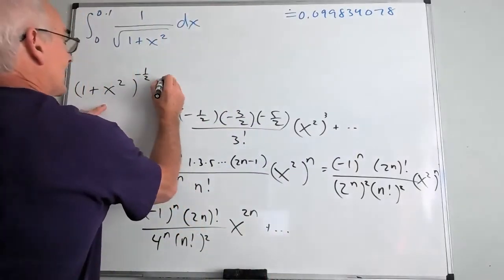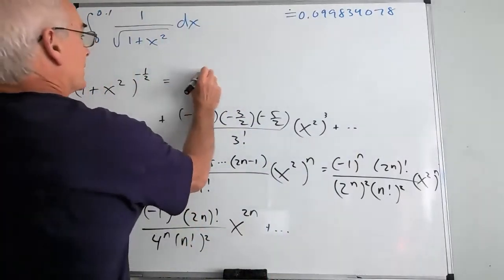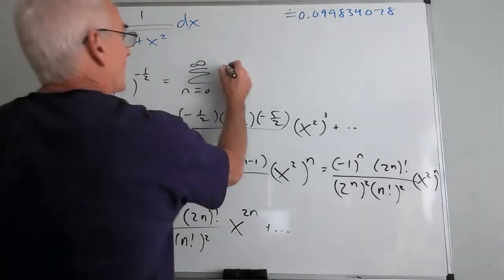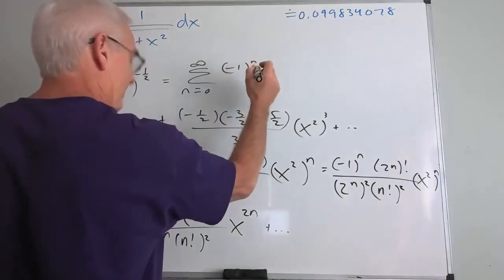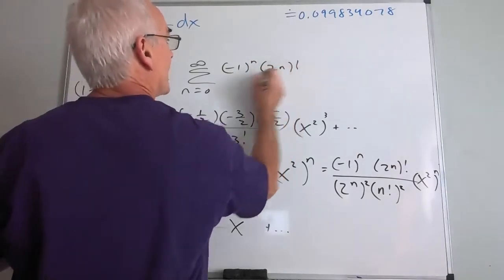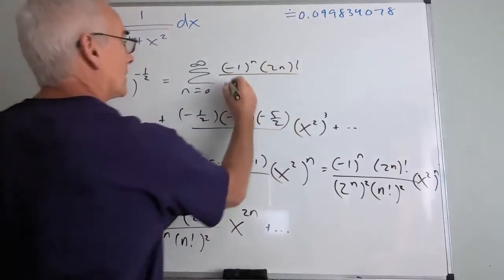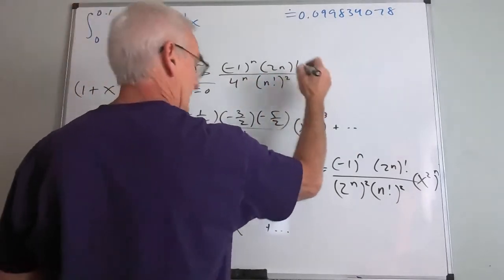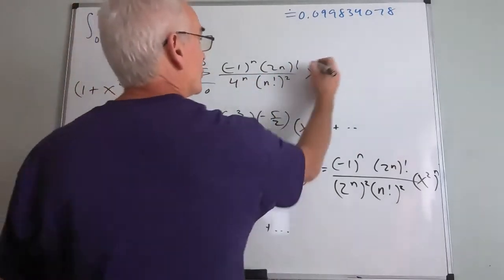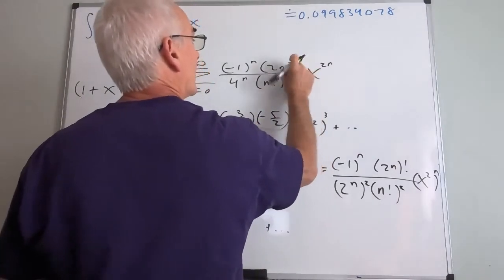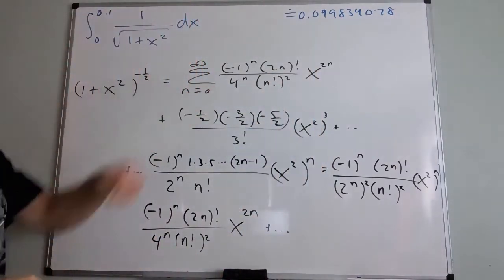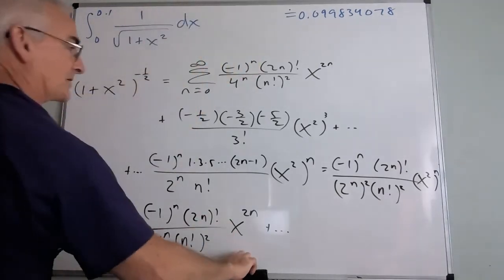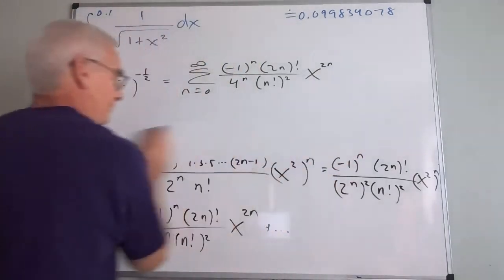This here is equal to the power series, n equals 0 to infinity, -1 to the nth power, 2n factorial, 4 to the n, n factorial squared, x to the 2n. These are equal. So therefore, this is going to be the integral of this. So that's the next thing we're going to write.